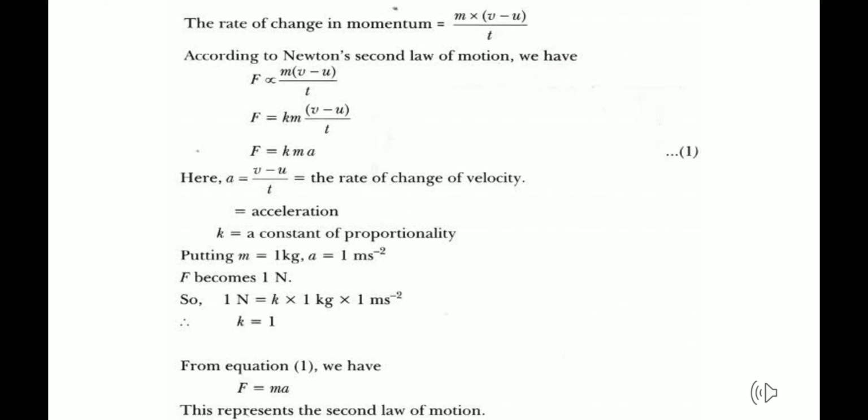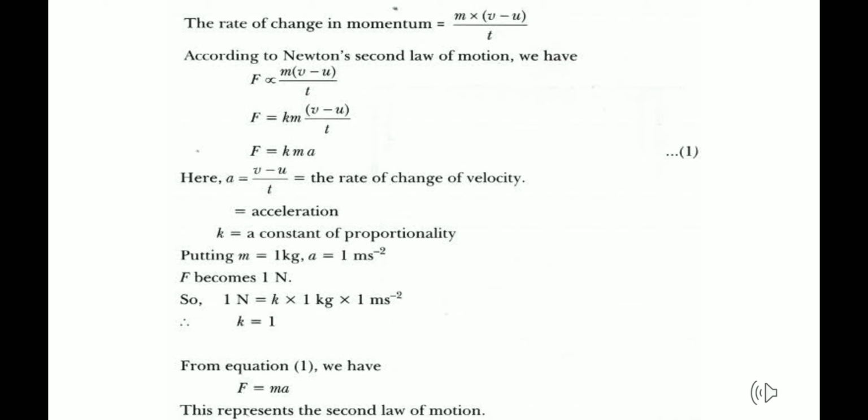Now, k is the proportionality constant over here. So we say F is equal to kma, where a is v minus u by t, that is the rate of change in velocity, that is acceleration, and k is the constant of proportionality.